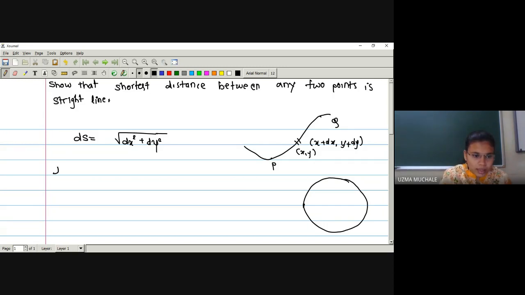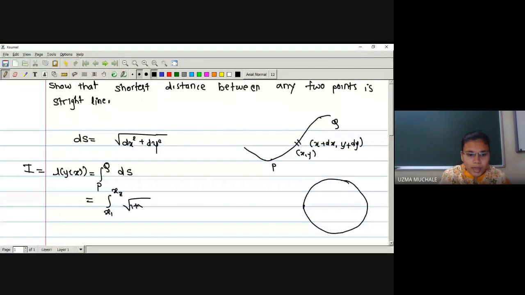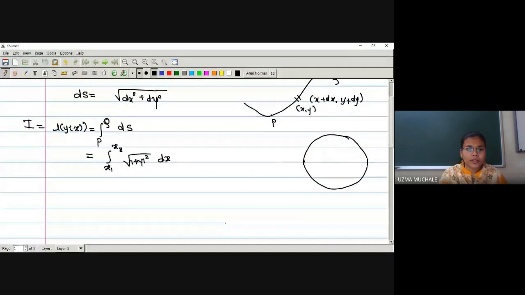Now we have to find the length of the path between the two points, which we denote by the integral I from point P to Q, which is nothing but the integral of ds. After some simplifications, we found the integral from x1 to x2 of the square root of 1 plus y dash squared dx. We did this in the intro of this lecture, so no need to repeat.